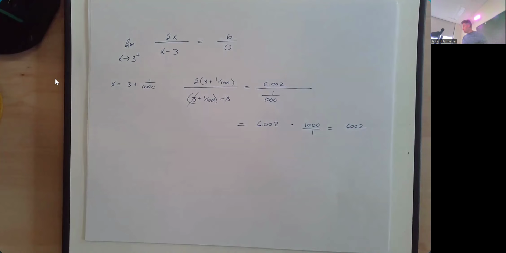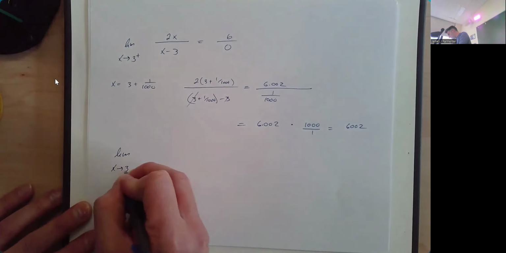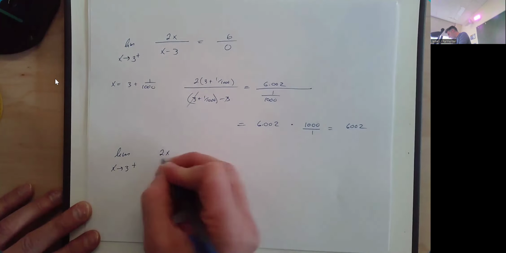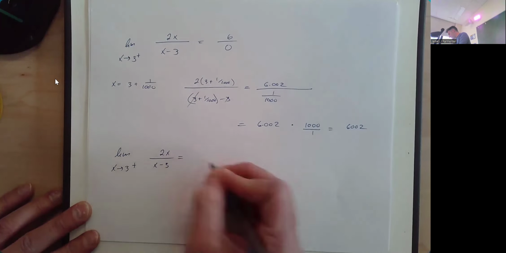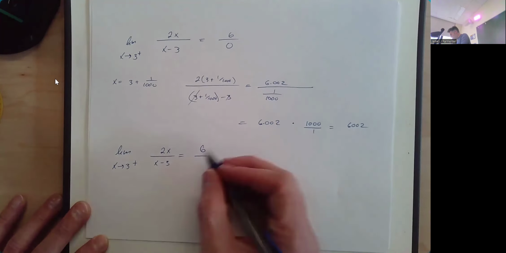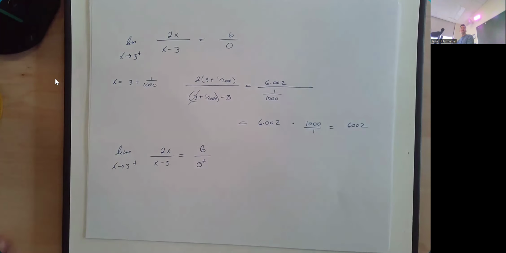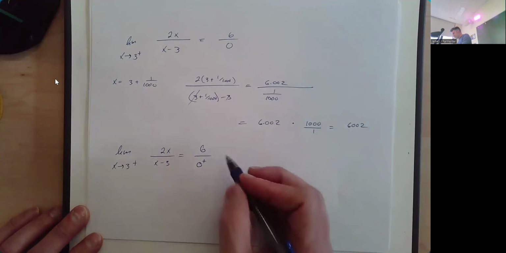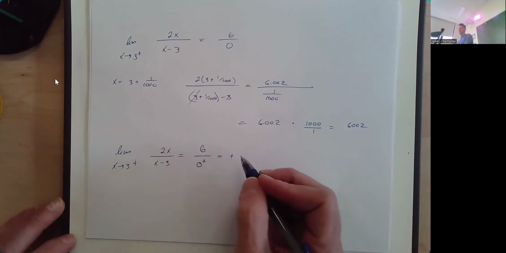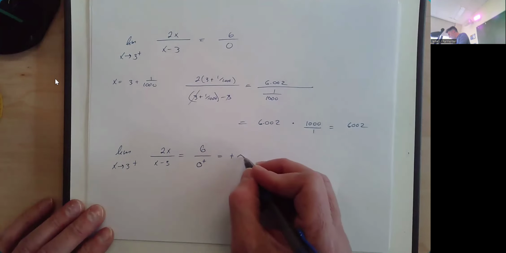So the limit as x approaches 3 from the right of 2x over x minus 3 is going to be 6 over, here's what I like to write, a very, very small, slightly positive number. And a positive number divided by a positive number is a positive number. And since the fraction has a very small denominator, it has a very large value.